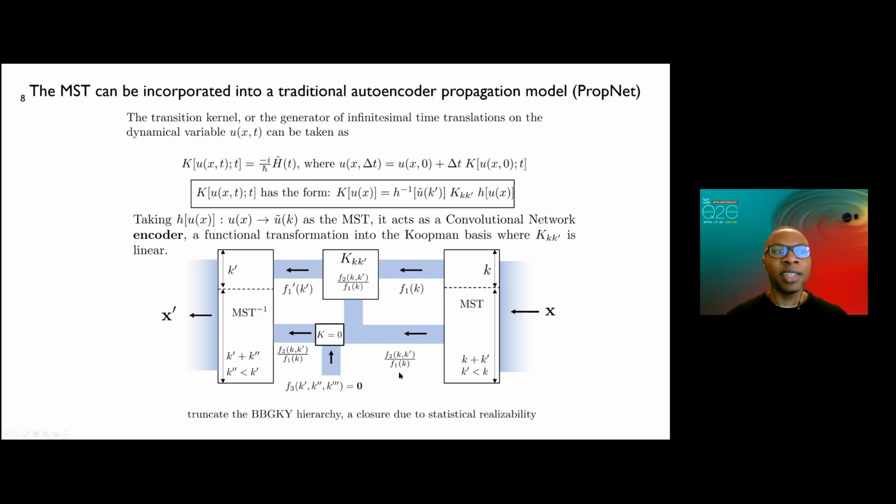But since F3 is identically 0, F2 is constant in time. So this means that we have a constant propagator that we can use to propagate the dynamics of F1, and we can just use that to see how F1 changes in time. After applying this propagator k, which is based on F2 divided by F1, we can extract the time derivative of x by applying the inverse MST to this value here. And this acts as the function transformation. It's a Koopman basis where k sub kk prime is linear in this scenario.